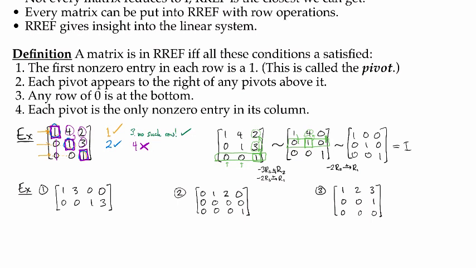Figure out which of those are in reduced row echelon form and which aren't. For those that aren't, put them into reduced row echelon form. And I'll do that in the next video.